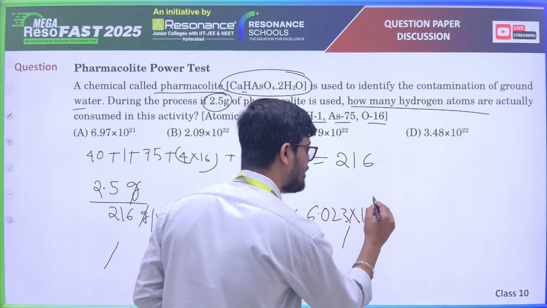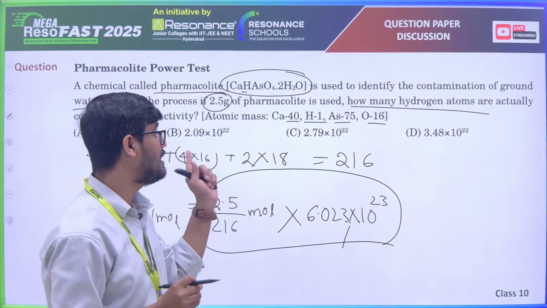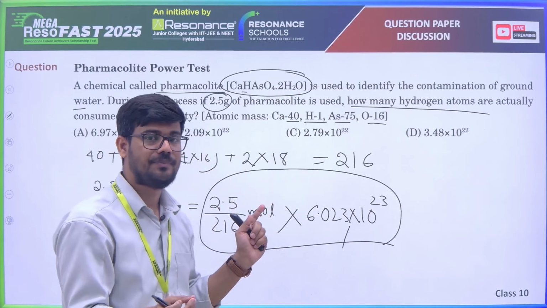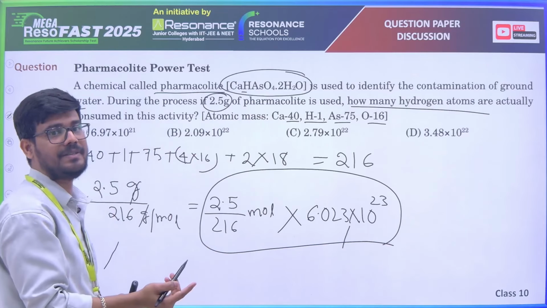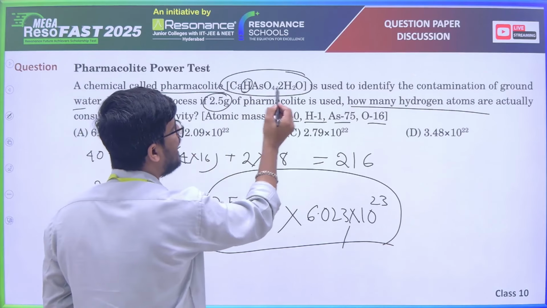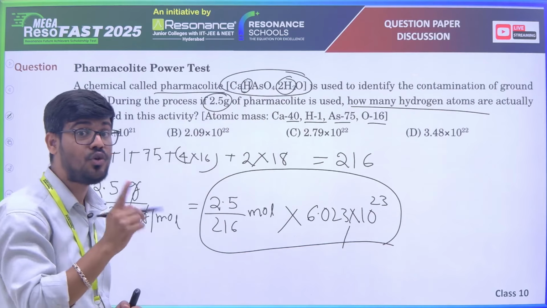So this entire thing means the number of pharmacolite molecules consumed in that activity. Now, if you look at this formula, how many hydrogen atoms are present? Here 1 hydrogen and here 4 hydrogen atoms, total 5.